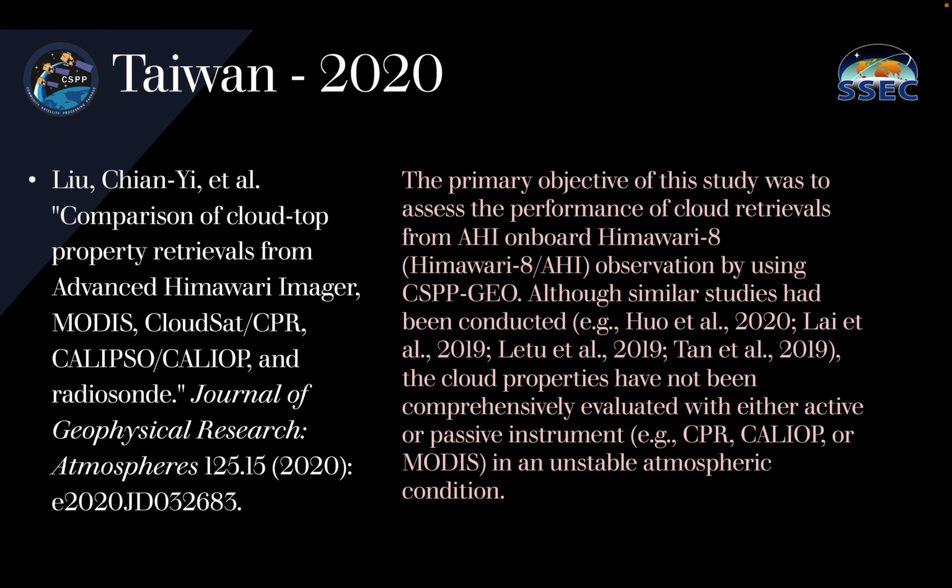So there was a publication in 2020 by a group in Taiwan, in the Journal of Geophysical Research, Atmospheres, and what they were doing was comparing the CSPP GeoCat retrievals from the AHI instrument, the Himawari 8 instrument, by comparing them to MODIS, to the CloudSat radar, and to the Calypso LiDAR, as well as radiosondes.